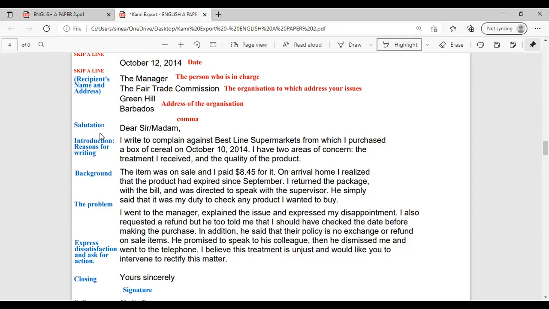Chances are you will show up with a bill, right? And you would ask to speak to the person in charge, right? So I was directed to speak with the supervisor, straight up with the bill. The supervisor simply said that it was my duty to check any product I wanted to buy. So that is some background information about what transpired on that day, October 10, 2014.